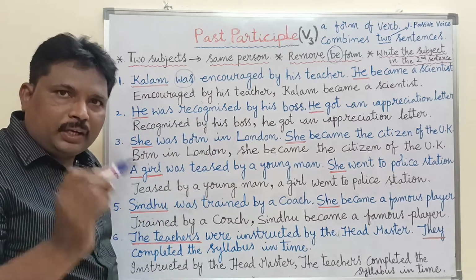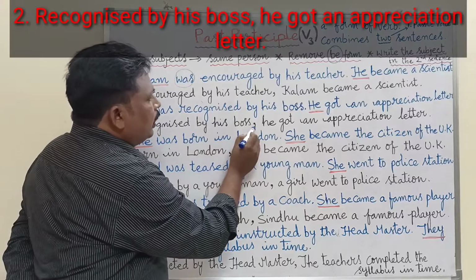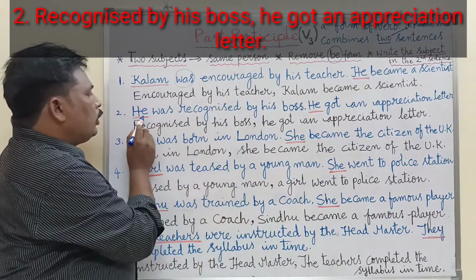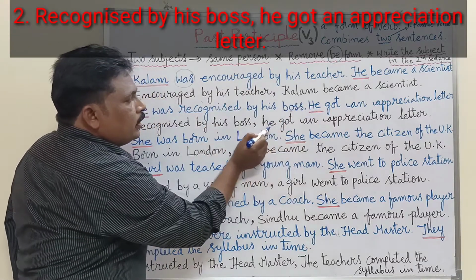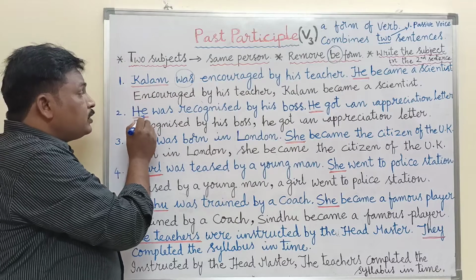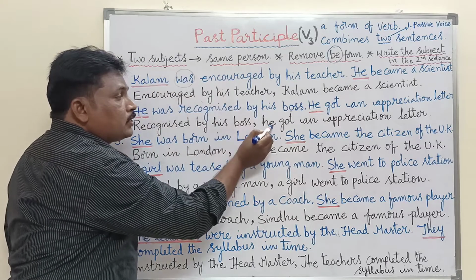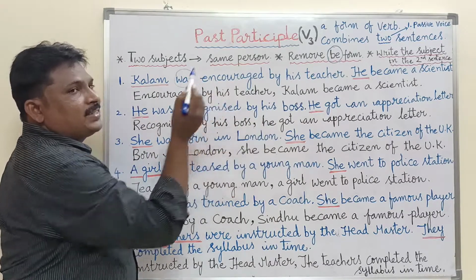Recognized is V3. Recognized by his boss, comma, he got an appreciation letter. Because there is no name here, the subject is he, here also he, so that's why we have written he. If the name of this subject is mentioned in the first sentence, then we take the same name, that is the proper noun. Otherwise we can write the pronoun as it is.